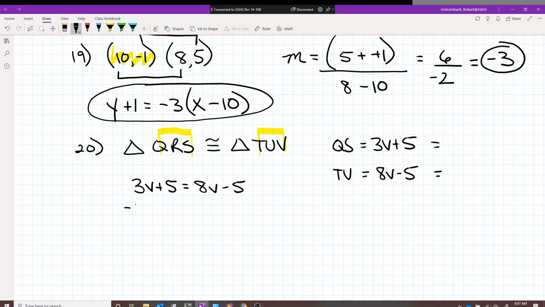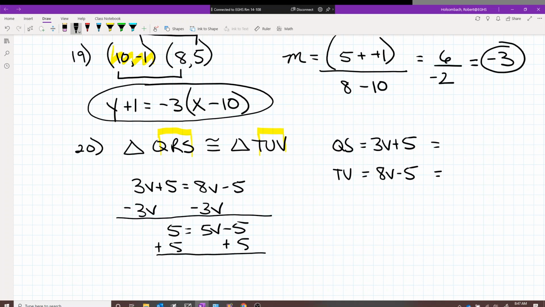If you subtract 3V from each side, then 5 equals 5V minus 5. Add 5 to each side. 10 would equal 5V, and you can divide by 5. So 2 is equal to V.